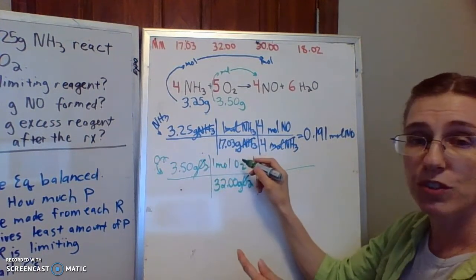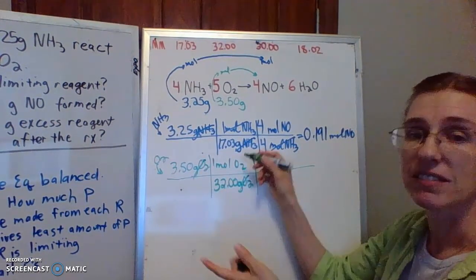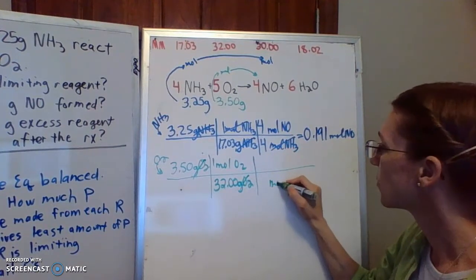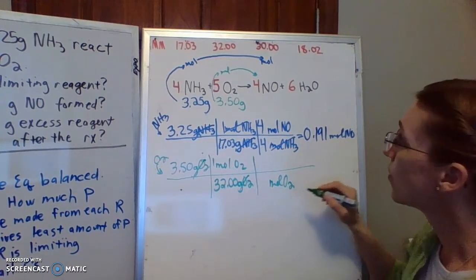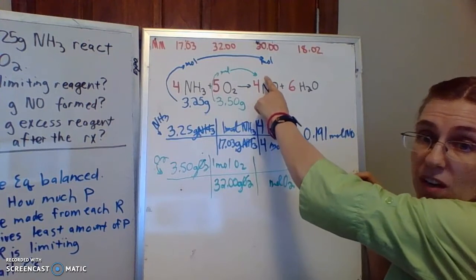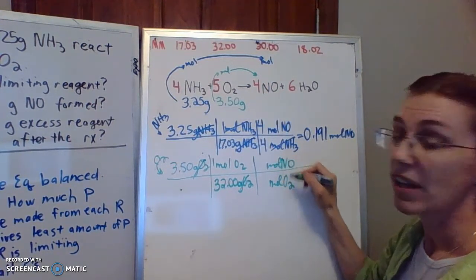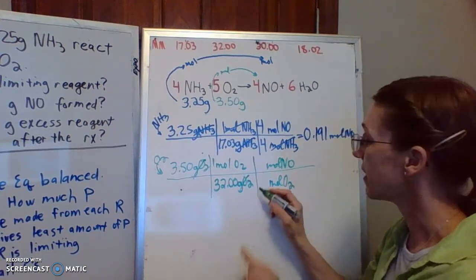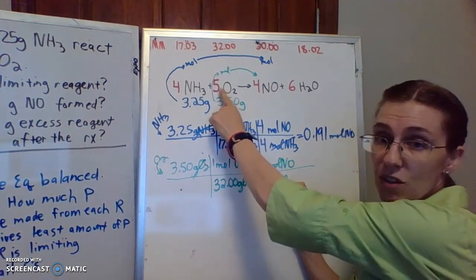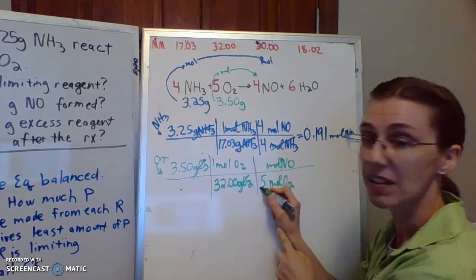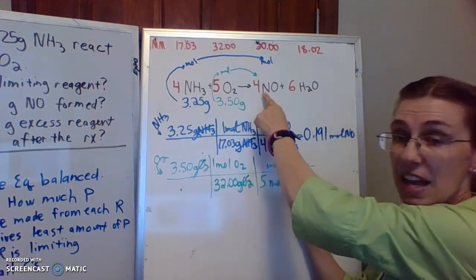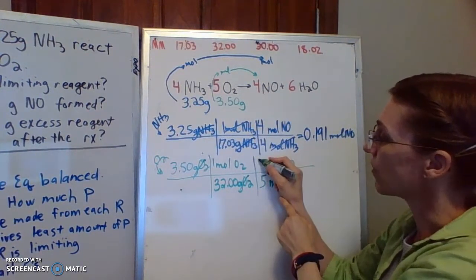All right, moles of O2 is on the top, so where does it have to be canceled out? It has to be on the bottom. So moles of O2, we want to go to moles of NO. So that's what goes on the top, moles of NO. Now we have to get those coefficients in there. O2 has a coefficient of 5. That's what we write. NO has a coefficient of 4.